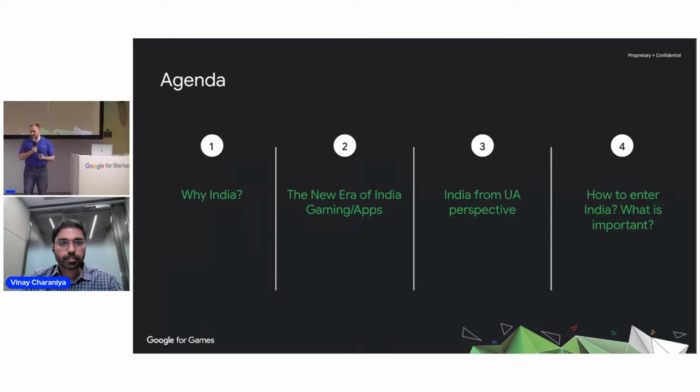I aggregated the whole spend of Google advertising in India, trying to share insights on which genres are stronger in India, which are not, and then we'll have some tips around how to enter India and what is important in that specific market.